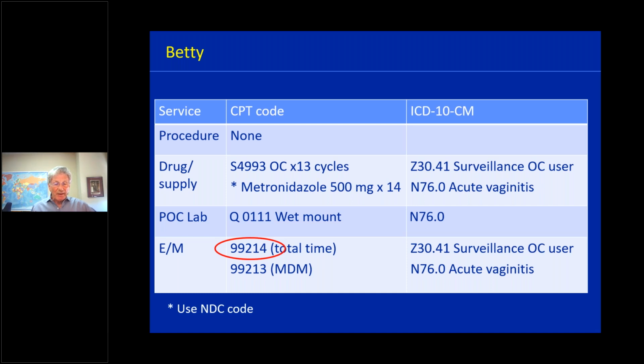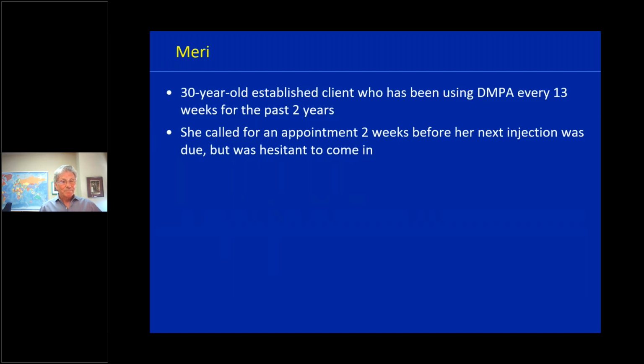And remember that the diagnosis for Betty has to be, number one, the fact that we have to mention her birth control method, which is surveillance of an OC user. And then number two, and that's why she came in, by the way. And number two was we happened to find that she had BV, and that's why the N76.0 for acute vaginitis is a secondary diagnosis. Okay, next.